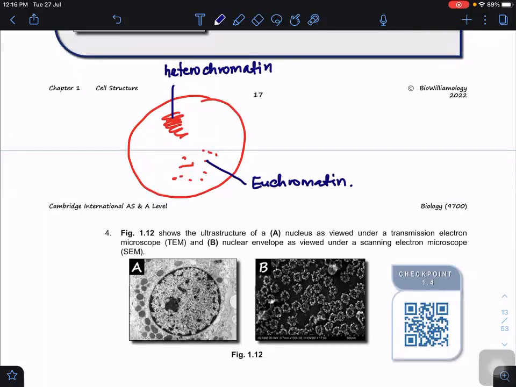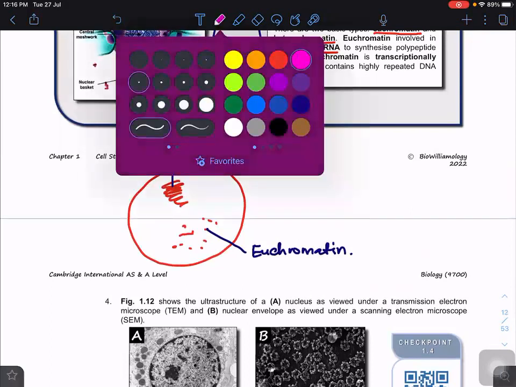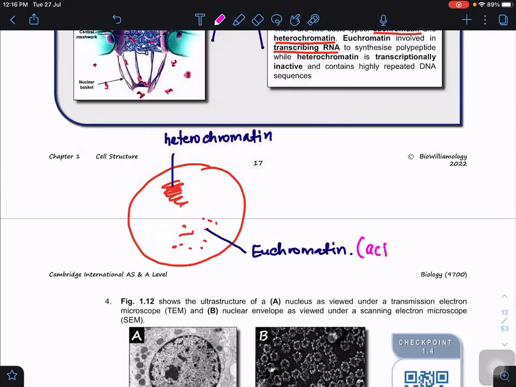One type of chromatin, we always want to use, so it is actively transcribed. If we actively use them, it means we do not need to pack them tightly. So this form of chromatin is called euchromatin. Let me write down: active transcribing. Are you clear?